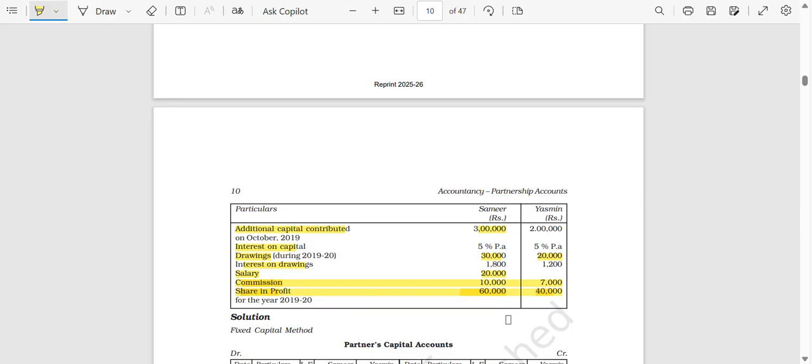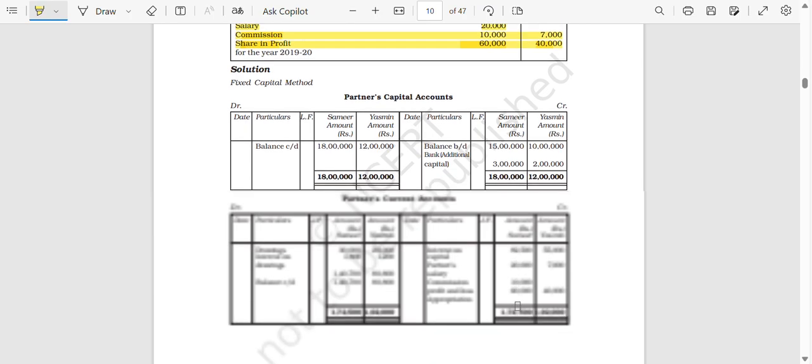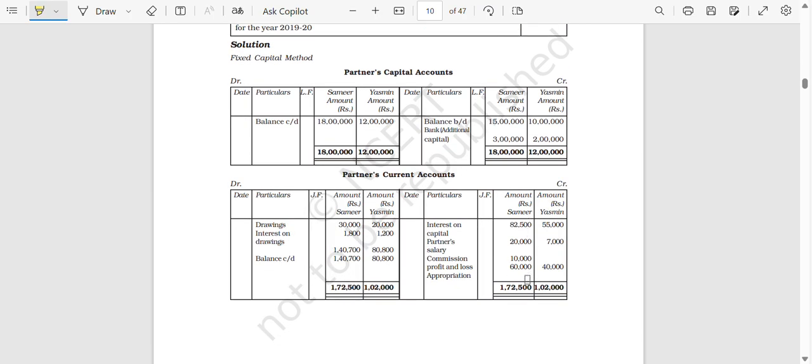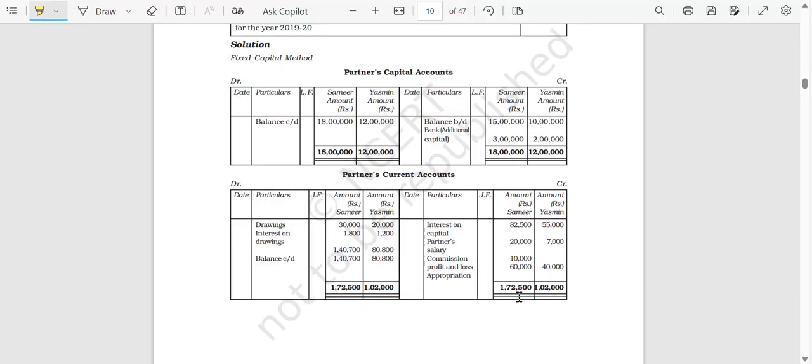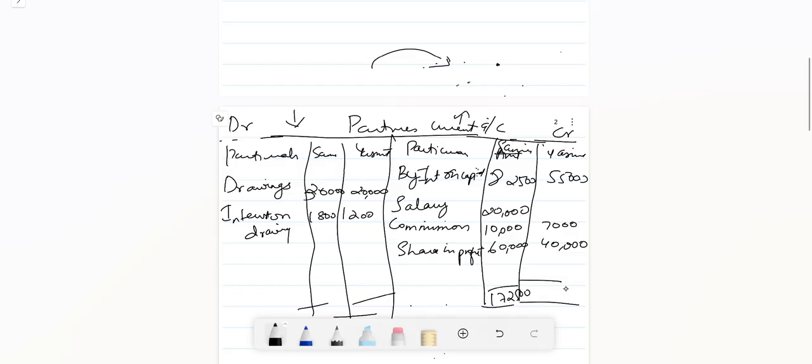calculation. Any other adjustments? Let's see. All these four are done. 1, 2, 3, 4. 1, 2, 3, 4. So the total is 80,000, 20, 10,000 and 60,000, 1,72,500. And here it is 1,02,000.